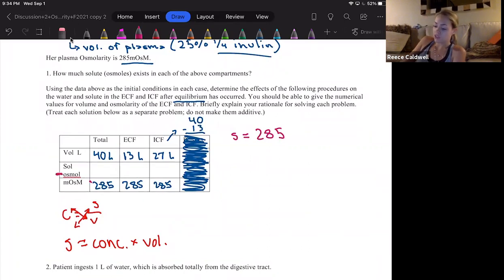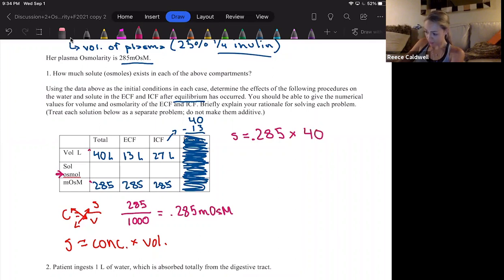To convert milliosmoles to osmoles, all we have to do is divide by 1,000, and we get 0.285 osmoles. So up here, this should be 0.285, because we're in terms of osmoles when looking at the solute concentration. So we have 0.285 times the volume, which right here is 40 liters.